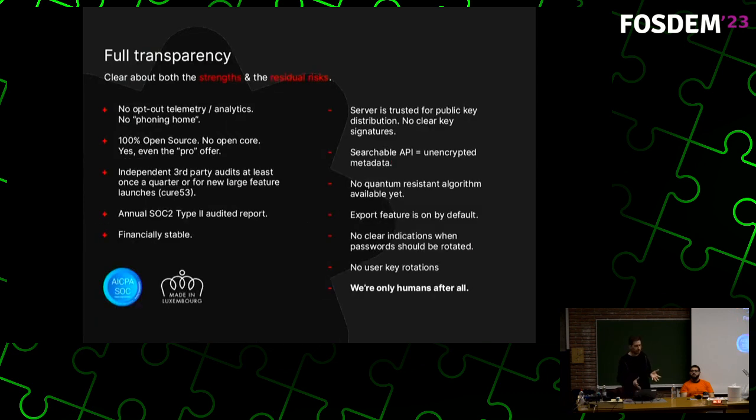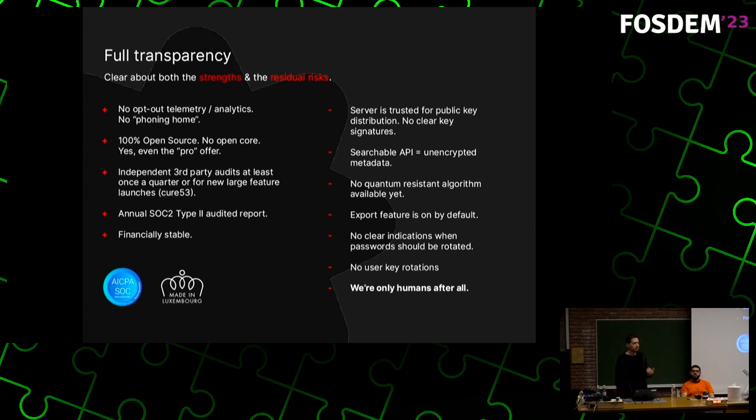So as you can see, we are very transparent about the risk and the residual risk and the strengths of Passbolt. So we are 100% open source. We are audited at least, I think it was 10 times in 18 months, and we have one audit going on right now, and we have another audit at the end of February. We work mostly with Cure53, who are based in Germany, and they do a lot of auditing for password managers.